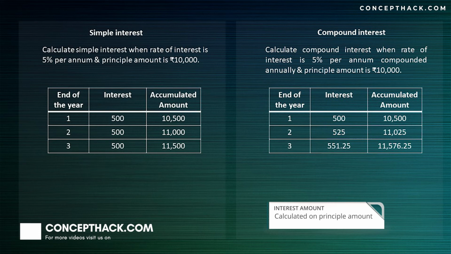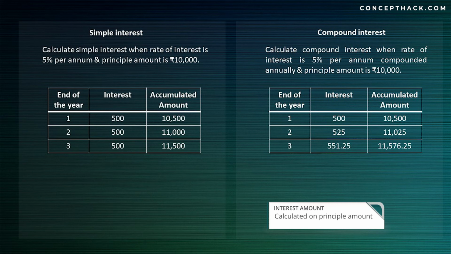At the end of second year, my interest is 525 rupees, that is 10,500 into 5%. My accumulated amount is 11,025 rupees, which is principal amount plus interest of first year plus interest of second year. At the end of third year, my interest is 551 rupees and 25 paise, that is 11,025 into 5%.